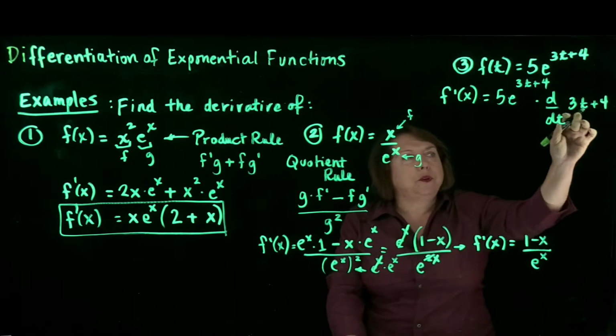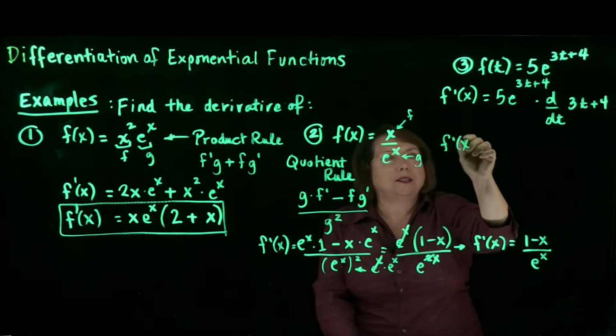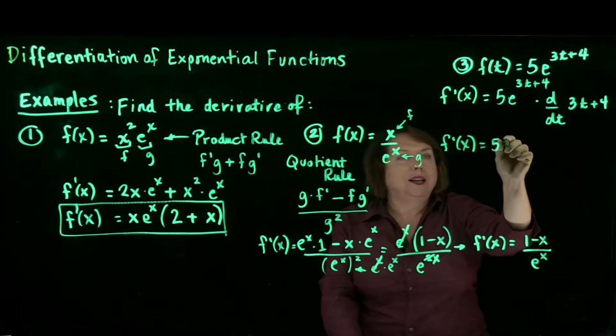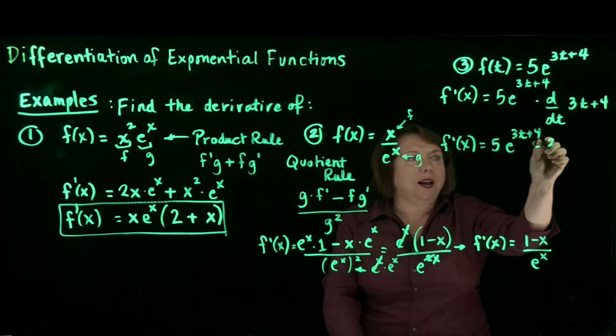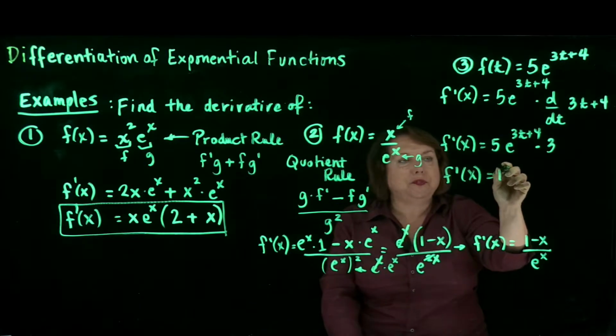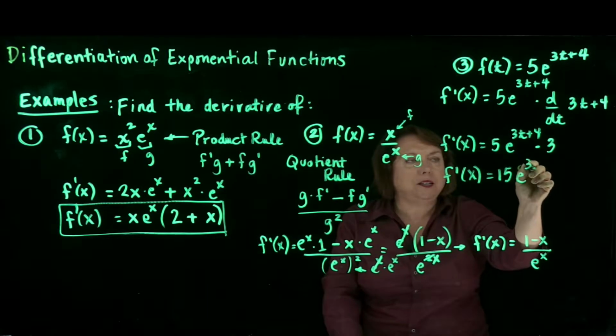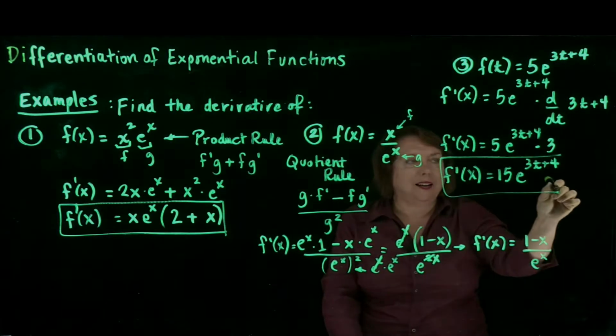The derivative of 3t plus 4 would just be 3. So I'd have f prime of t is equal to 5e to the 3t plus 4 times 3, or simplifying it a little bit more, 15e to the 3t plus 4. And let's box that in.